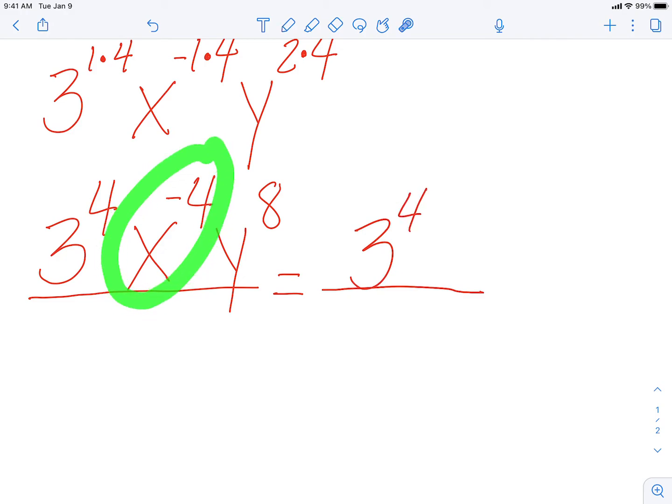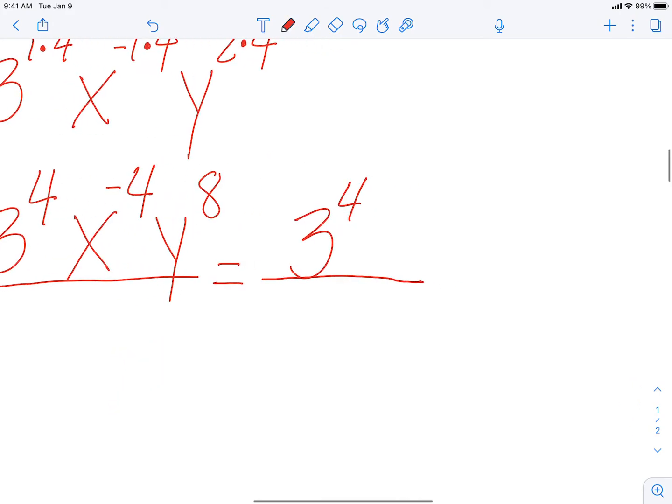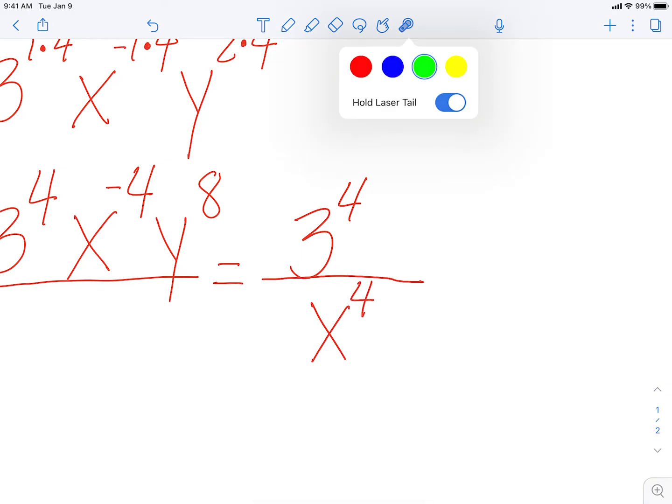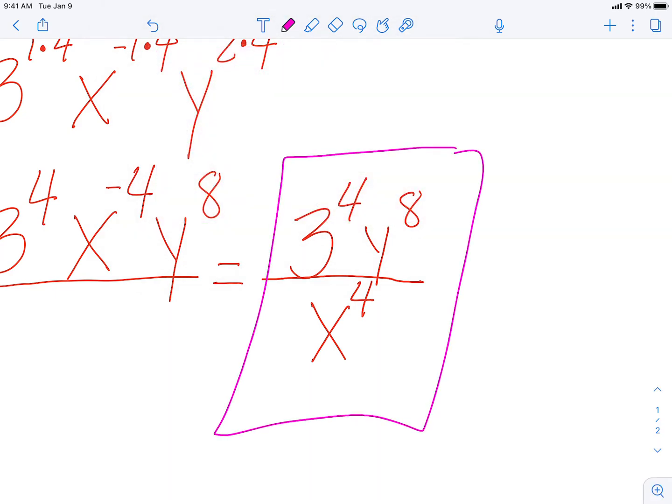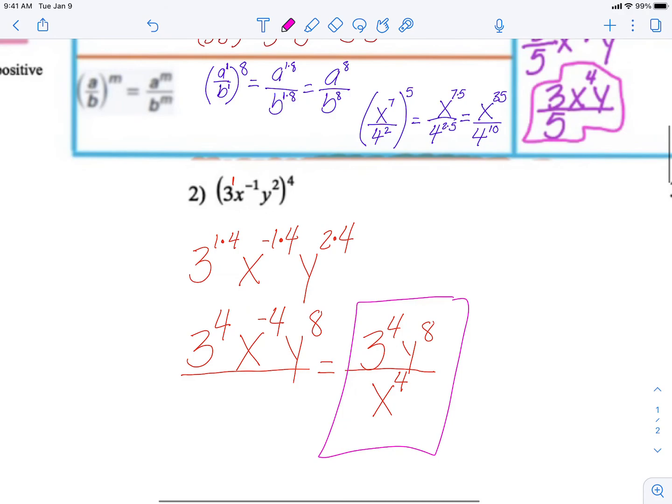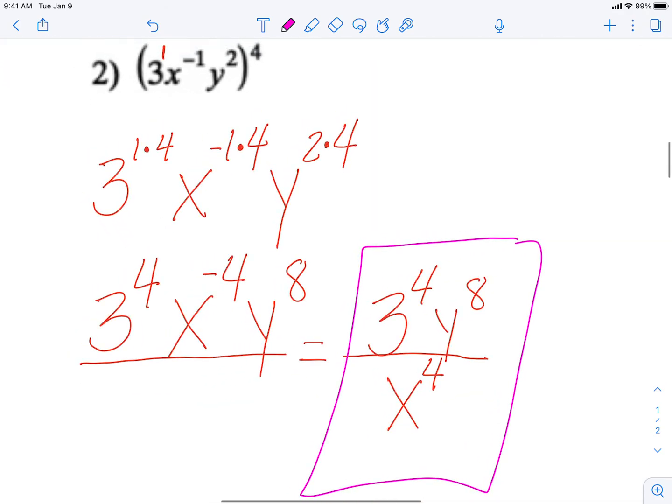This x to the -4 is going to come down and become x to the +4. And this y to the +8 is already positive, so I'm going to leave it up top, just like this. And that right there, kiddos, is my final simplification for number 2.